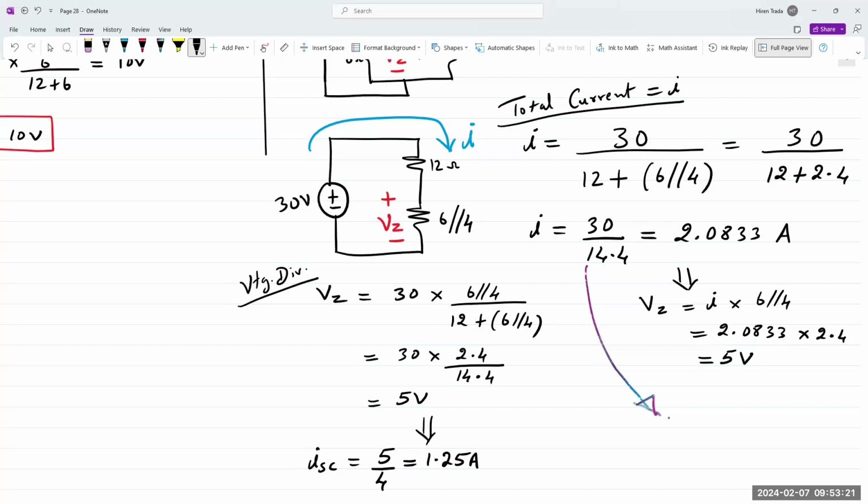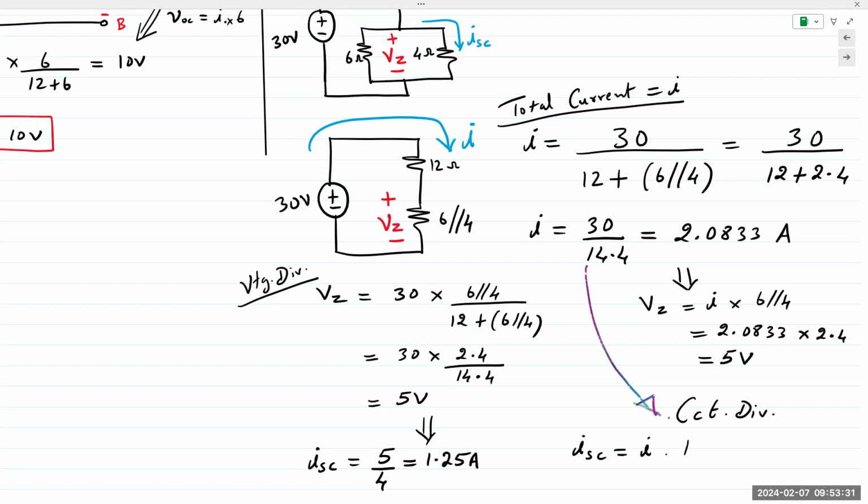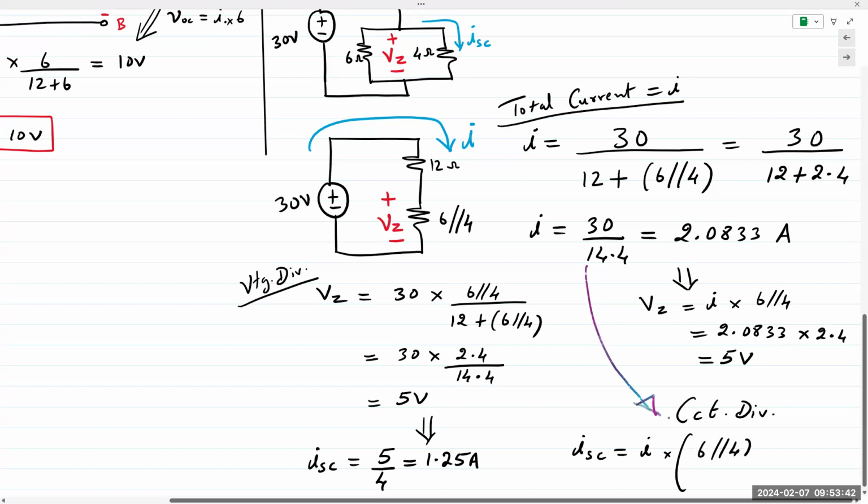So from current division, I can write ISC is I times 6 parallel 4 divided by 4.